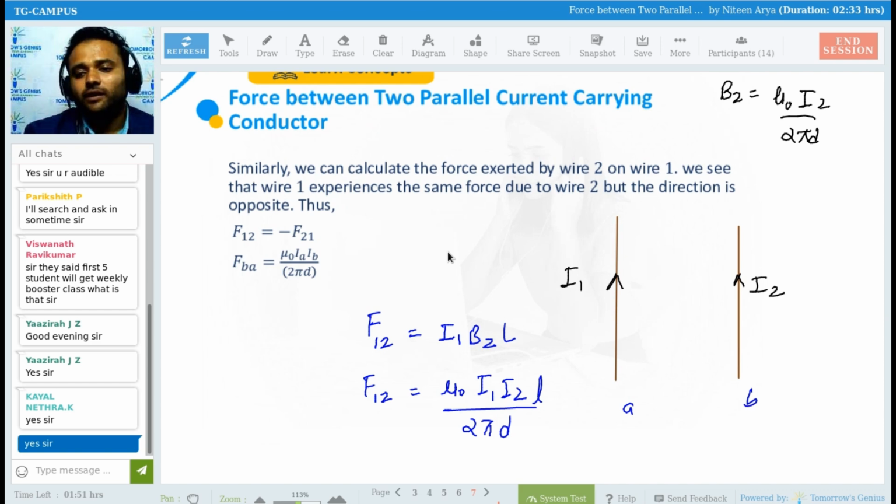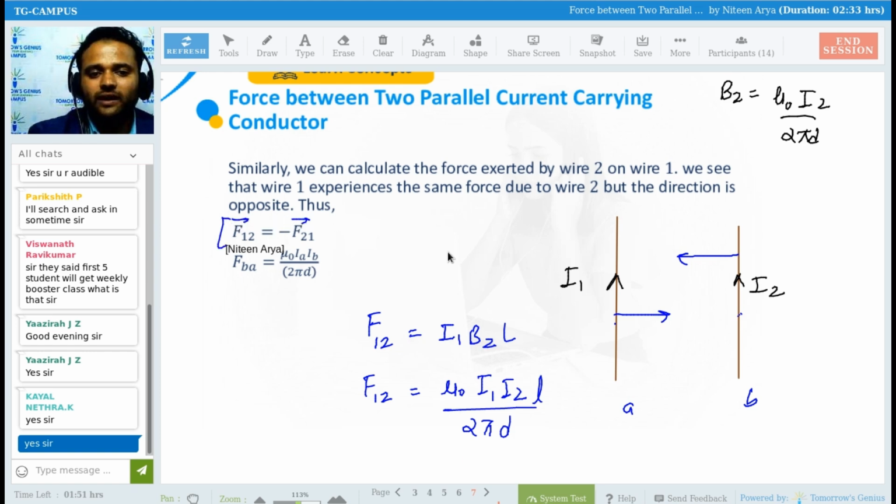And obviously, if this particular wire attracts this particular wire in this direction, then this wire attracts with force in this direction. So we can vectorially represent this also. F12 is nothing but minus F21, or when we take the magnitude, we can do this also.